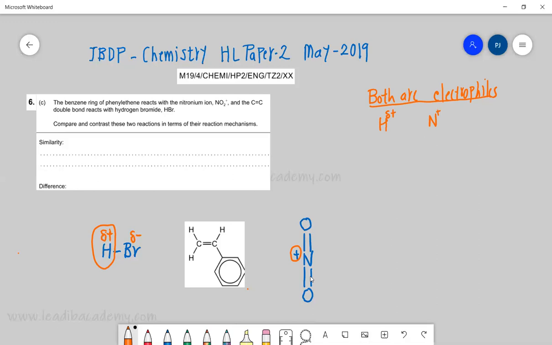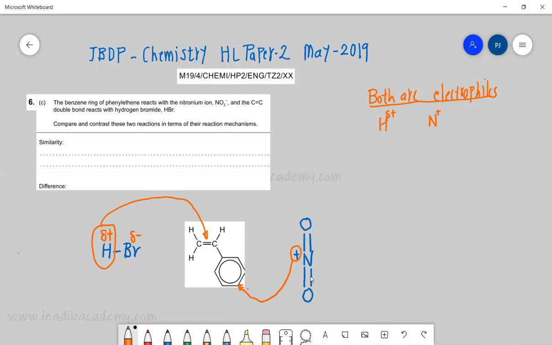So H plus is going to attack this double bond, because there is a rich source of loose pi electrons, while NO2 plus is going to attack the benzene ring. So both are electrophilic attacks.